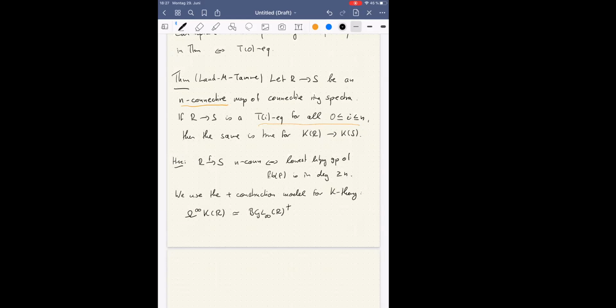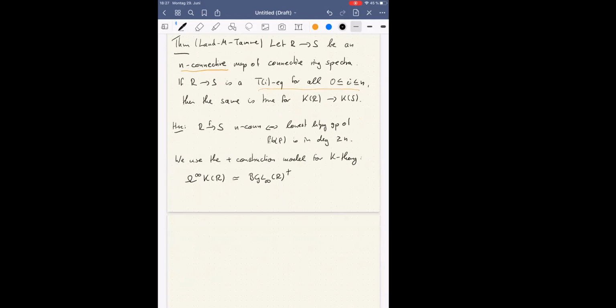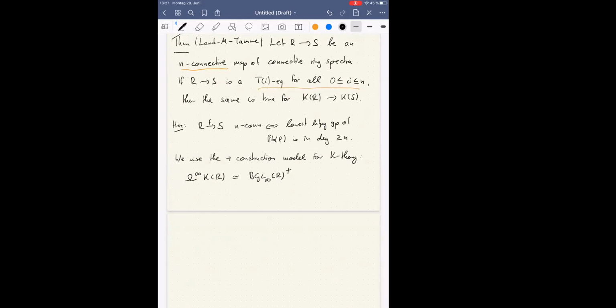This is, of course, a very classical construction in the case of rings, but you can also do it for connective ring spectra. Just for non-connective ring spectra, it's not what you want, but for connective ring spectra, it's the correct result.